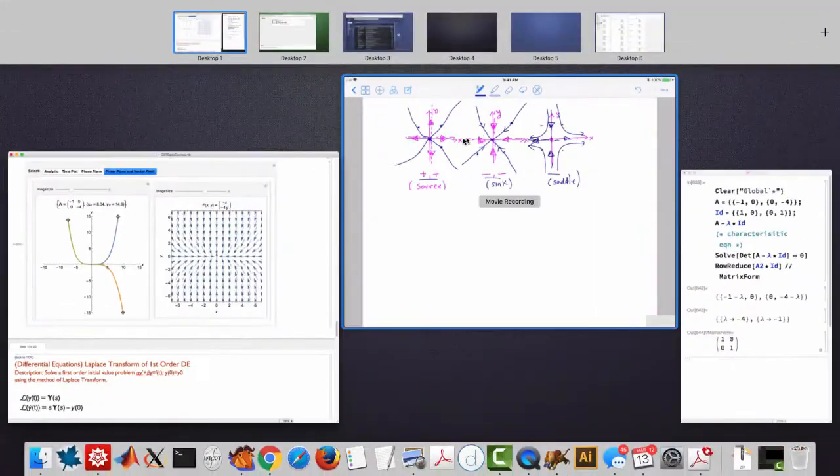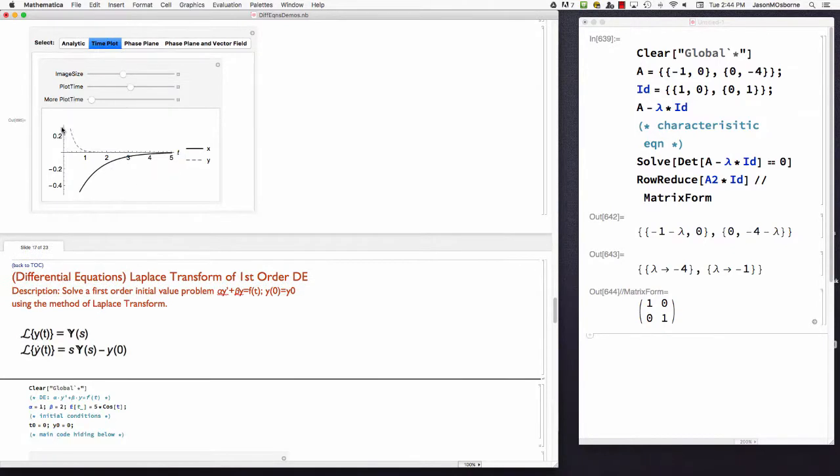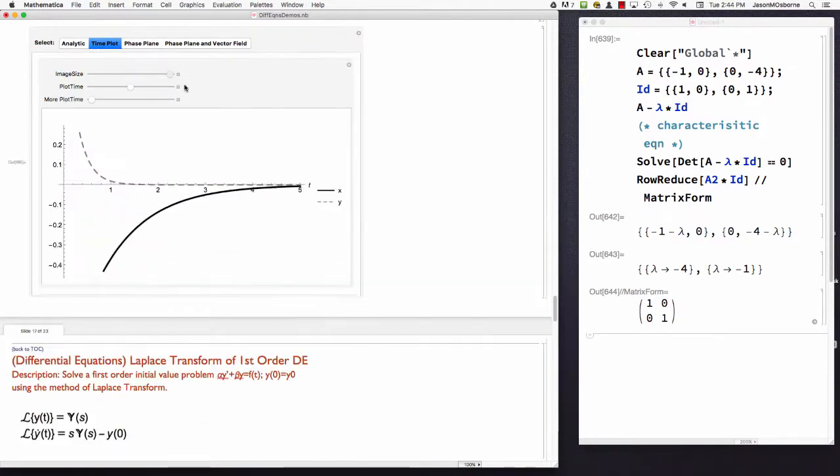Okay? Let's just do a couple. Okay, so what you're seeing here is that both x and y are tending to 0. Look at the time plots for your solutions. x is the black line. As time gets bigger and bigger, x is approaching 0. And y, which is the dotted line, as time gets bigger and bigger, also tends to 0.